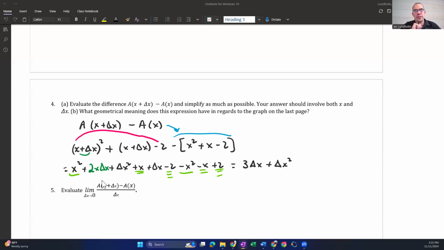That makes a difference. Okay, now we can continue. So it's not 3 delta x. That was silly. It's 2x delta x. And then we've got another delta x. And we've got a delta x squared.